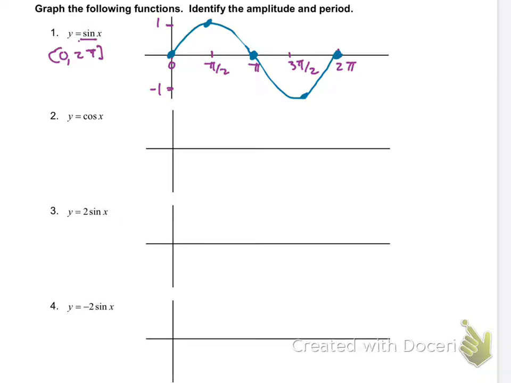Okay? Cosine. Amplitude is 1. So that means 1, -1, 0. I start at 0, pi over 2, pi, 3 pi over 2, and 2 pi. This part's not going to change yet, guys.